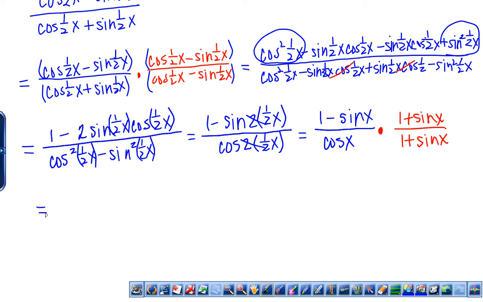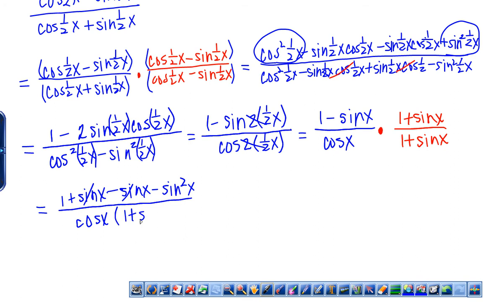Okay, on the top, how about we get 1 plus sine x minus sine x minus sine squared x. Those are canceling. And on the bottom, we're getting cosine. I don't think I'm going to distribute, just kind of looking ahead.